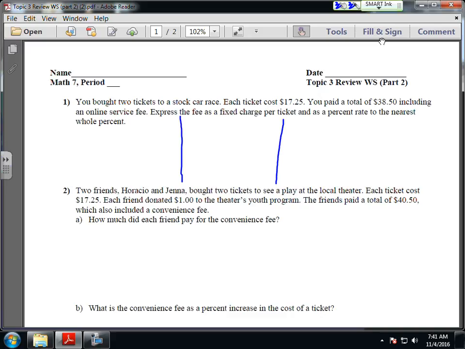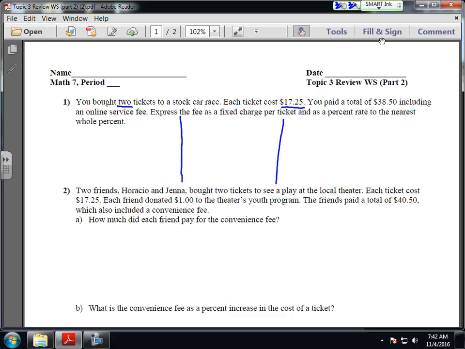First thing we have to know is that we bought 2 tickets, and each ticket cost $17.25. How do I do that? If I bought 2 tickets and each ticket cost $17.25, well, I either have to multiply 2 by $17.25, or I have to add $17.25 with $17.25.